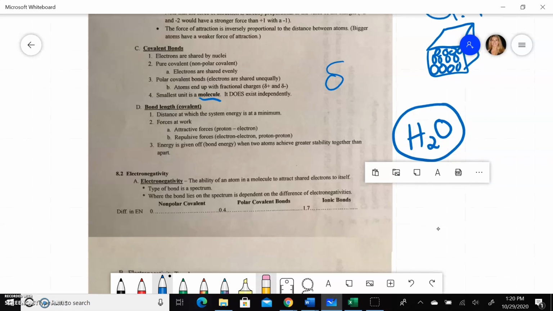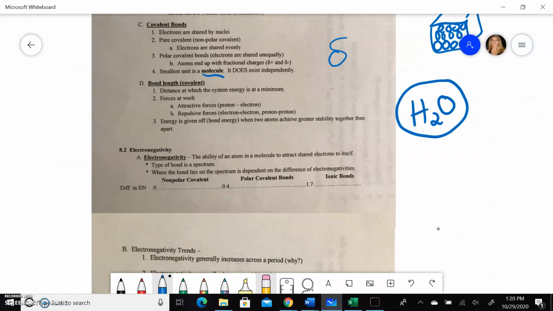Bond length is going to be the best distance where you get the lowest possible energy. So if we have 2 atoms, we have all kinds of forces of attraction going on here and repulsion. So we have the attraction of this positive nucleus with this electron, but we also have this positive with this electron, we have this positive with this electron, and this one with this electron.